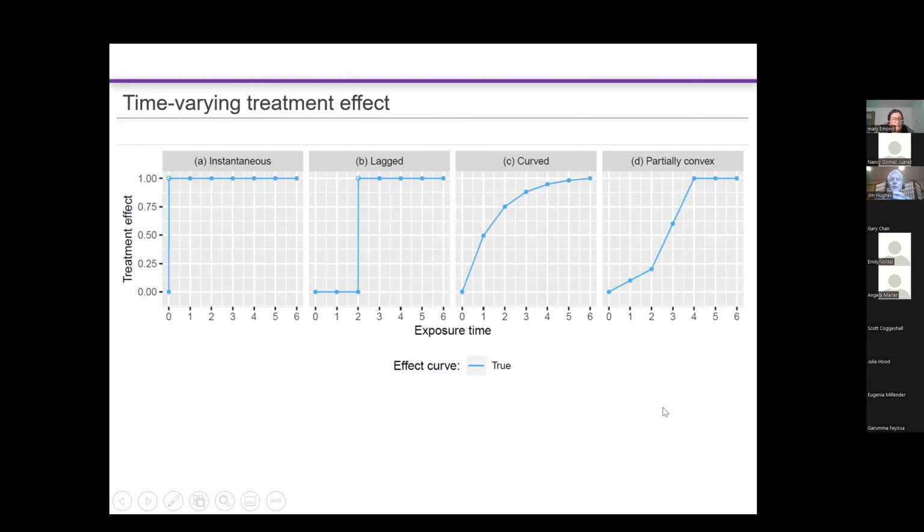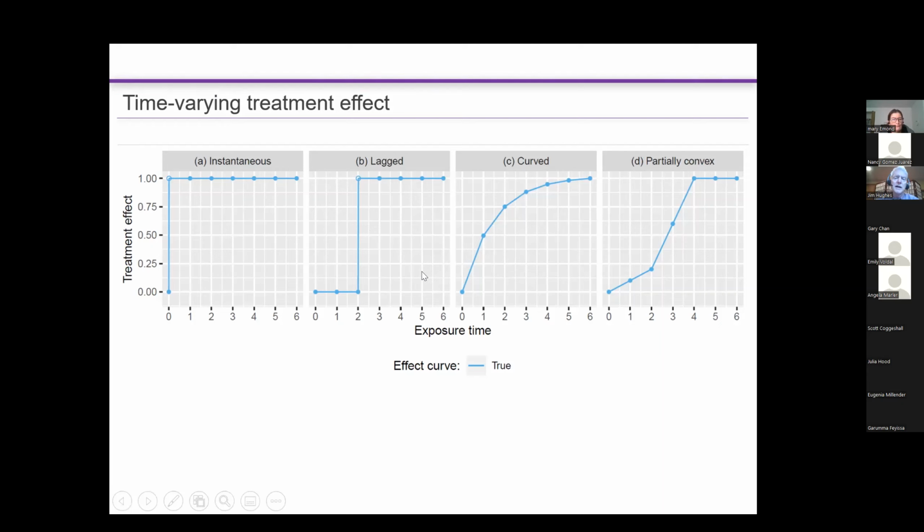So we can say, okay, suppose this is what really happened, but we analyze it assuming an immediate treatment effect. What would you expect should happen in terms of our estimated treatment effect? Well, in the first one, you would certainly hope that it would estimate the full treatment effect. That makes sense. But it's more interesting to ask, what do you think it would do in these cases?